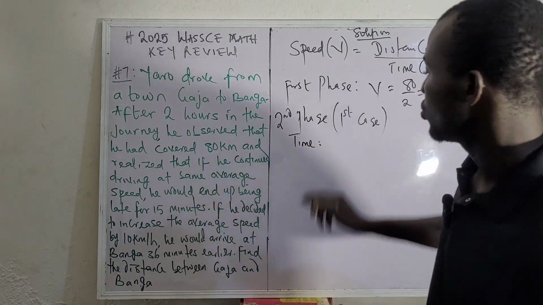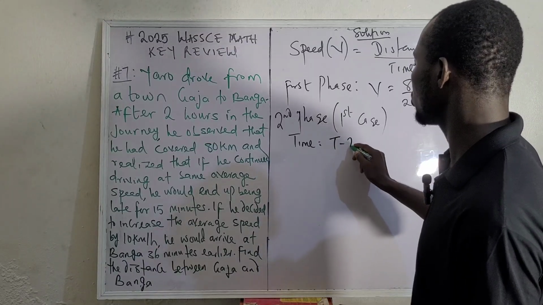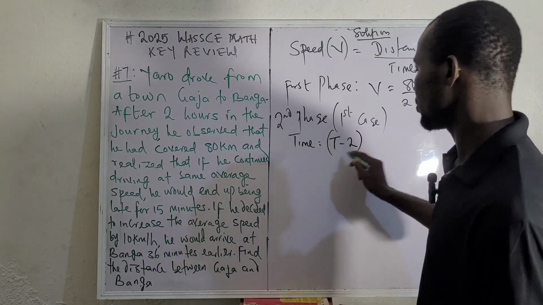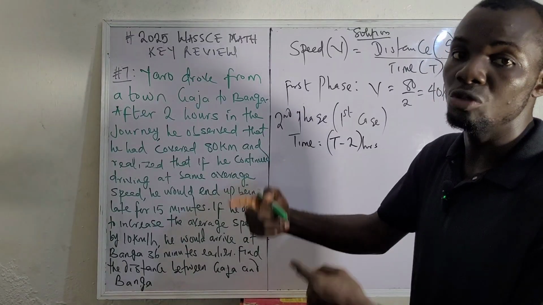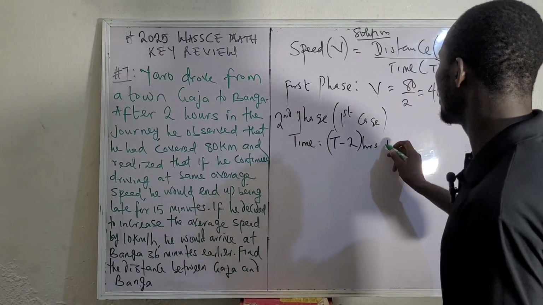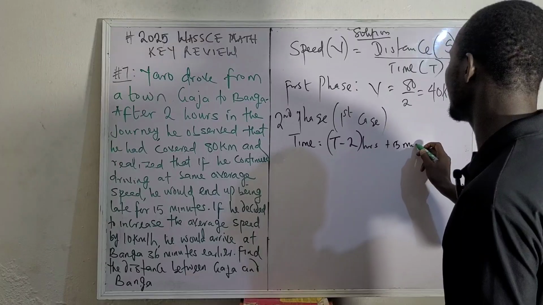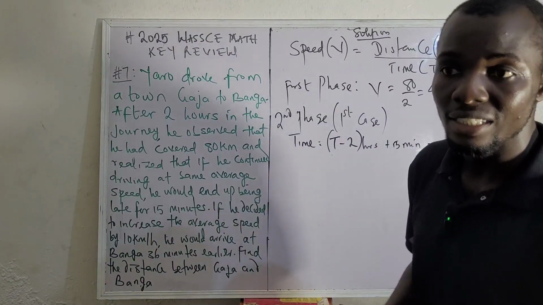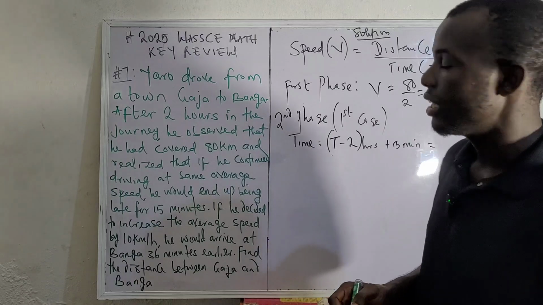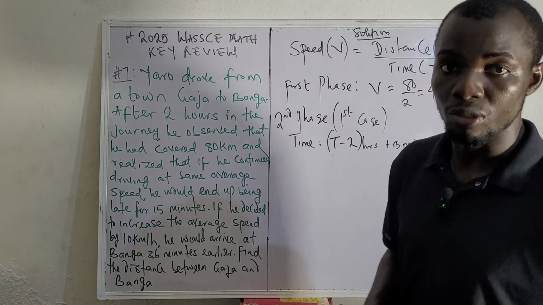So the remaining time, the speed remains the same, but the time has changed to what? T minus 2 hours. And because they said it's going to be 15 minutes late, so additional 15 minutes, this will be plus 15 minutes. Now, 15 minutes in hours, 15 divided by 60, that will be 0.25.